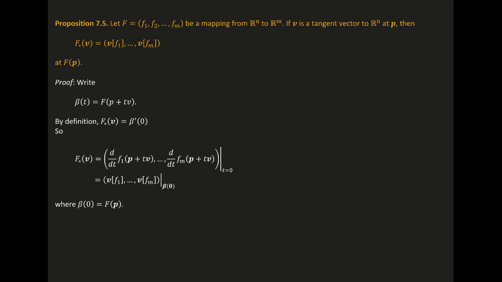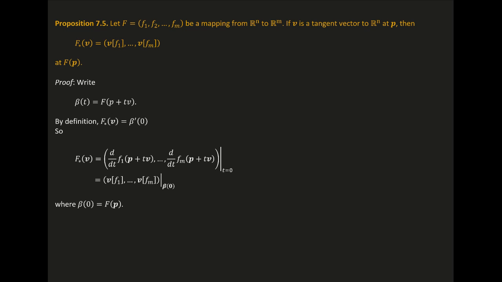To prove this, we'll write beta of t equal to the composed curve f of p plus tv, so that by definition f star of v is just beta prime of 0.